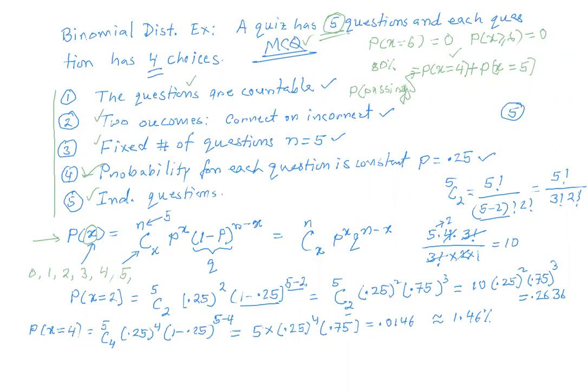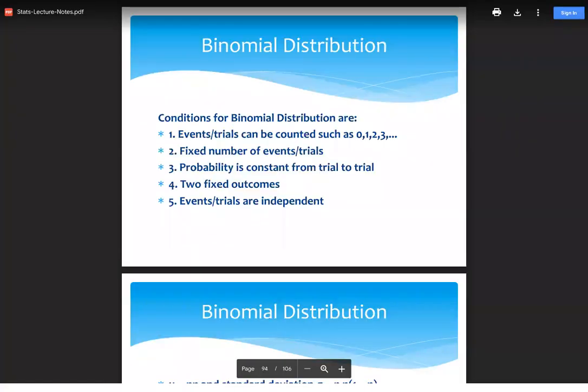So anyway, let's go ahead and close this and bring the class notes back. So again, to summarize, binomial distribution conditions: trials are countable, okay, 0, 1, 2, 3. Fixed number of trials, okay, fixed number of trials. Probability is constant from trial to trial.